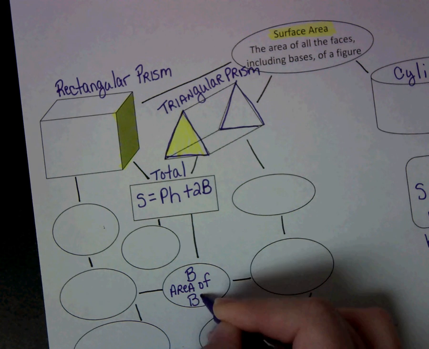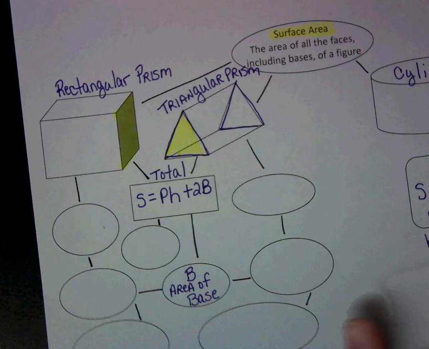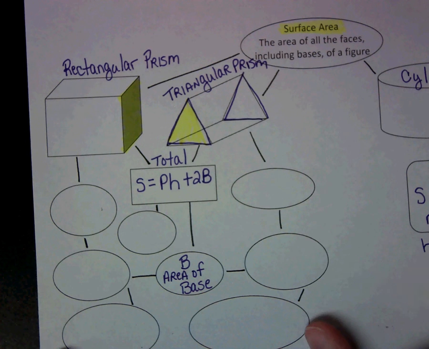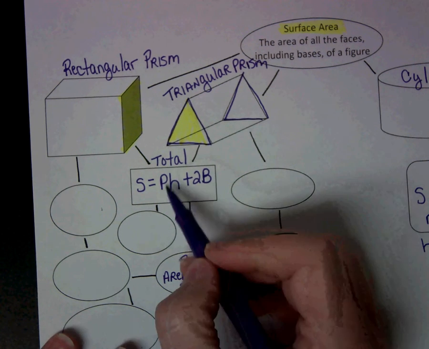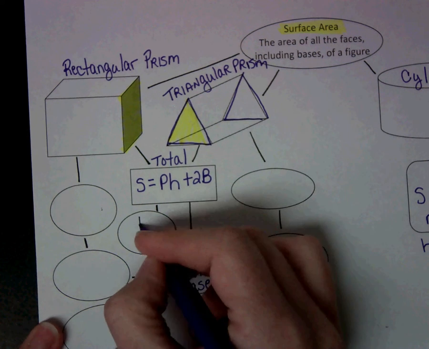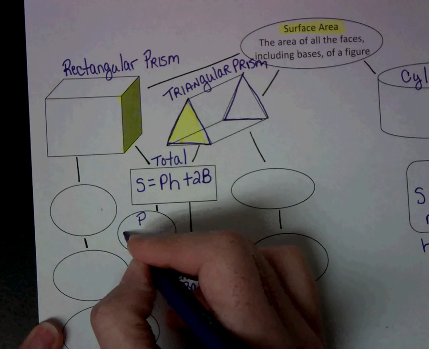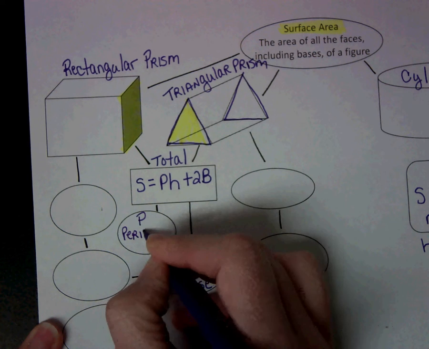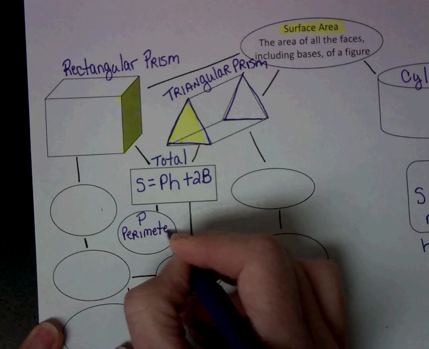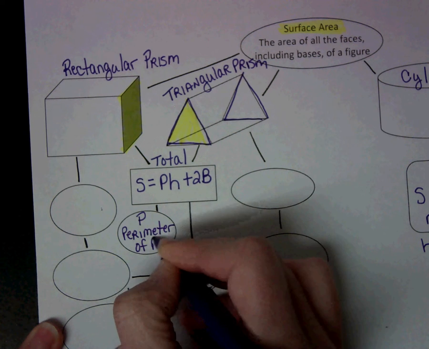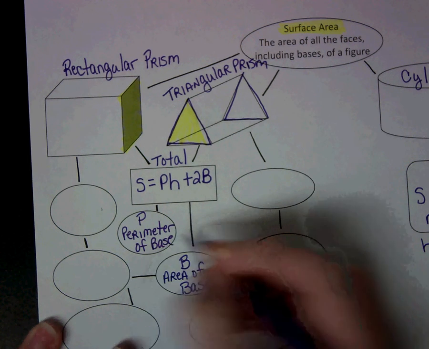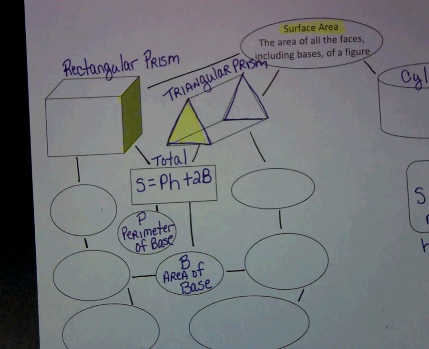So anywhere we see a capital B, we have to know that it represents area of the base. Now one that might be different is our capital P. Our capital P stands for the perimeter of the base. And remember, to find perimeter, all we have to do is add up all the sides.